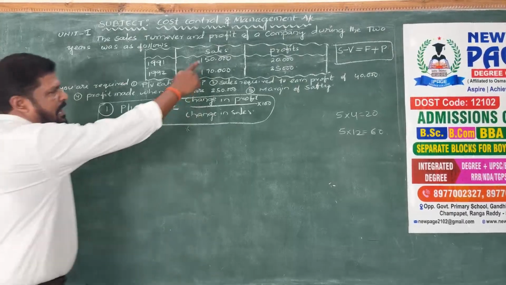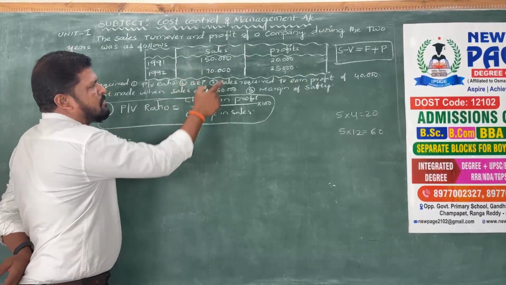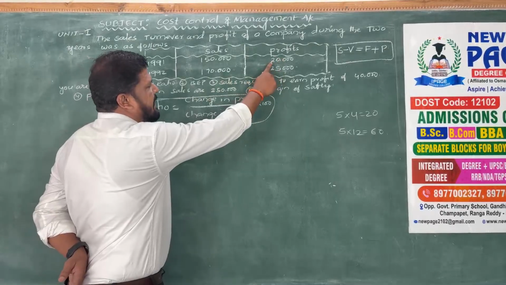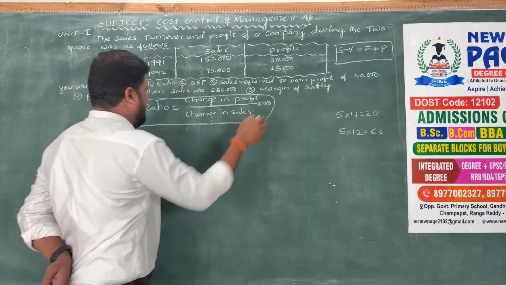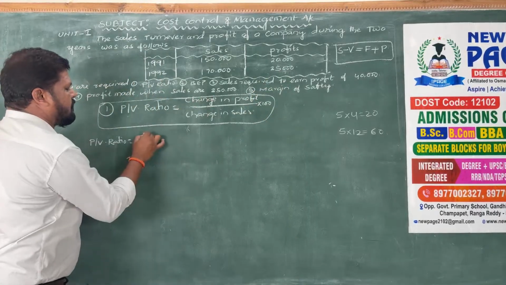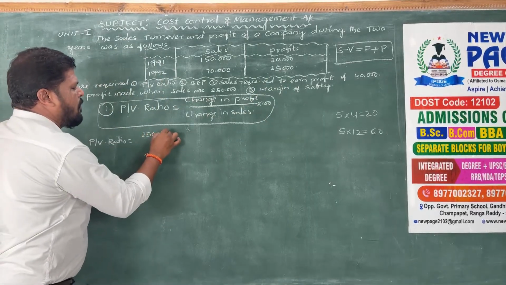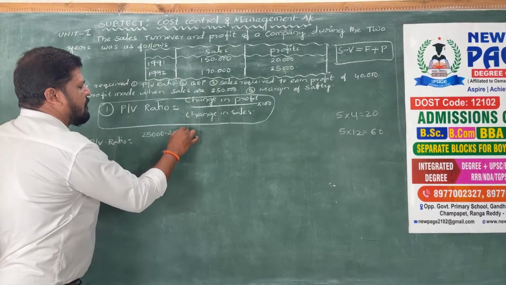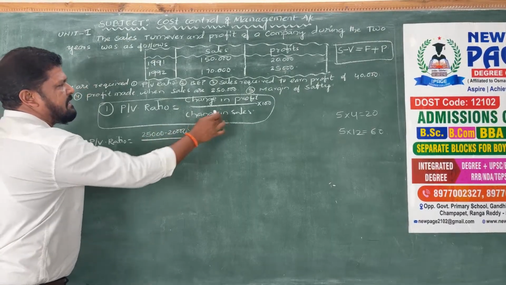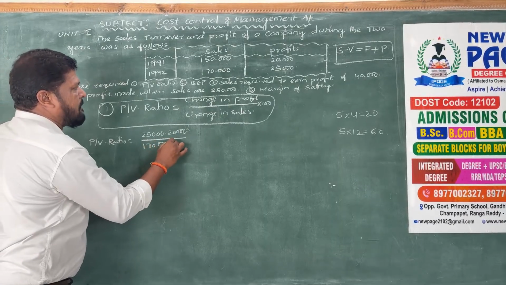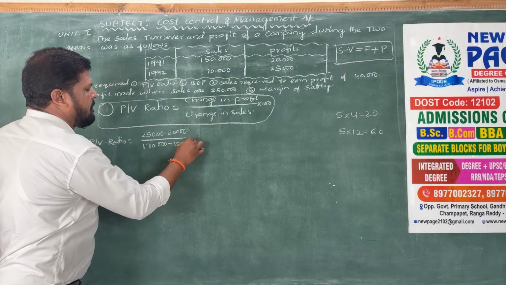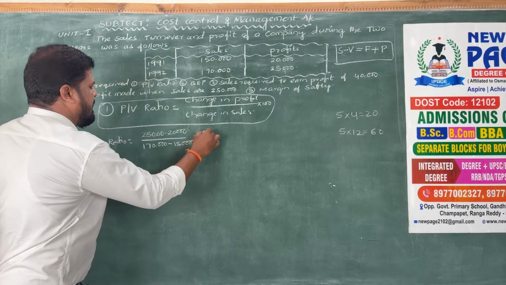Substitute these values in this formula. Last year 1991 profit 20,000, 1992 current year profit 25,000. Change in profit: 25,000 minus 20,000, divided by change in sales: 1992 sales 1,70,000 minus 1,50,000, into 100.